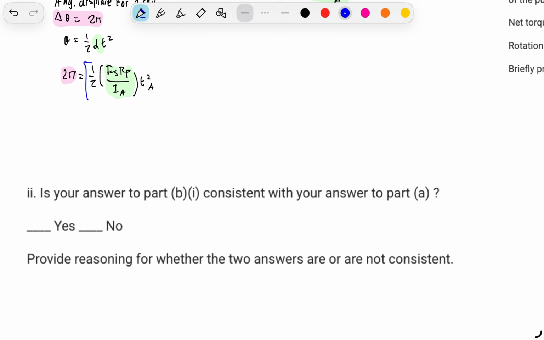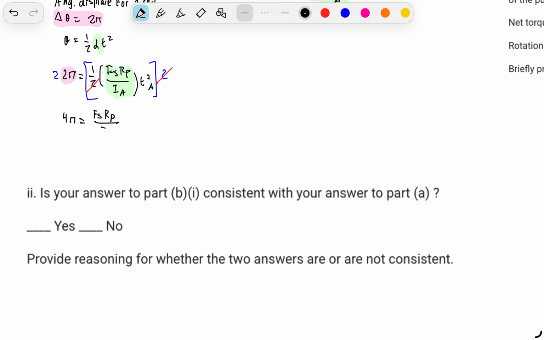First you're going to multiply both sides by 2. So that's going to be 4 pi is equal to Fs Rp divided by Ia times TA squared, because you wanted to cancel out that 1/2.